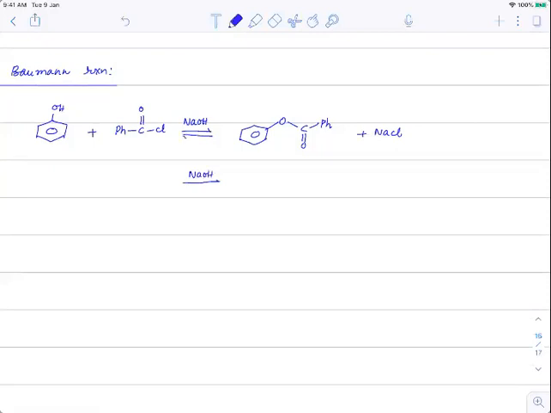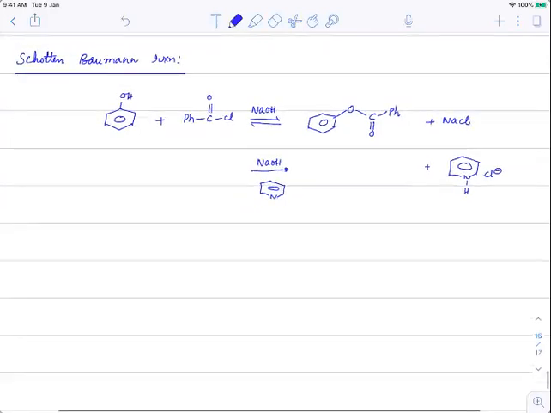And if you want this reaction not to go in the backward direction, along with that, add some pyridine also. And adding pyridine, what would happen? It will become pyridinium chloride, H and Cl minus. Got it. So when you do this, the reaction will mostly go in the forward direction.